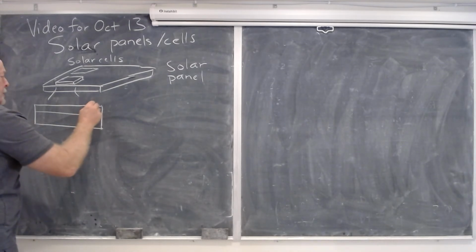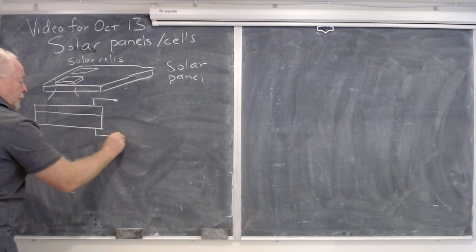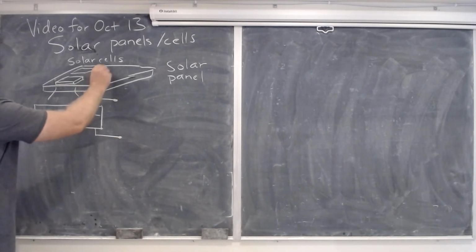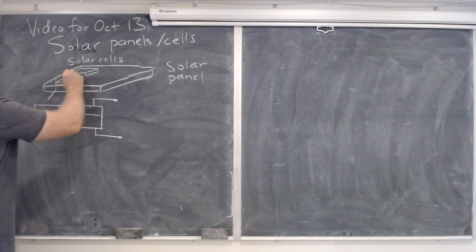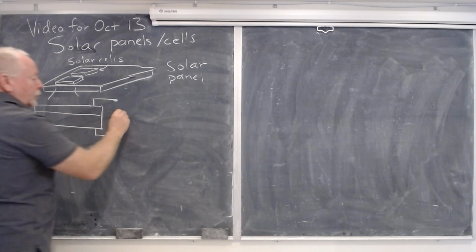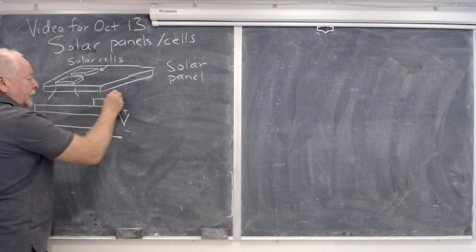But for now, what I want you to realize is that the most important thing about a solar cell is that with a positive voltage across it, it can supply current.